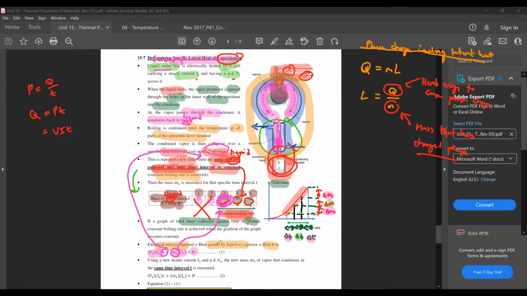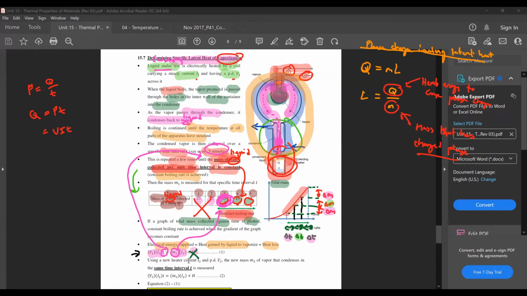Last week when we talked about finding specific heat capacity using the same energy equation, what we did was ignore heat loss and then proceed to find the specific heat capacity.